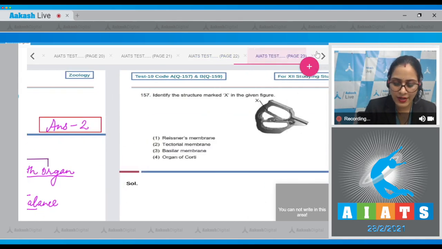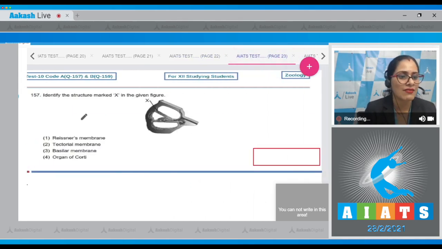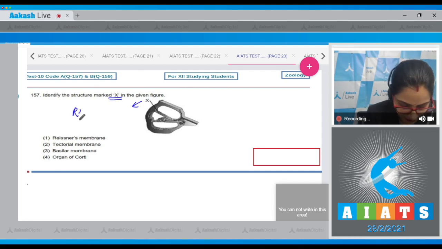Let's proceed to the next question, question number 157. Identify the structure marked X in the given figure. In this figure, X represents Reissner's membrane. This is basilar membrane.